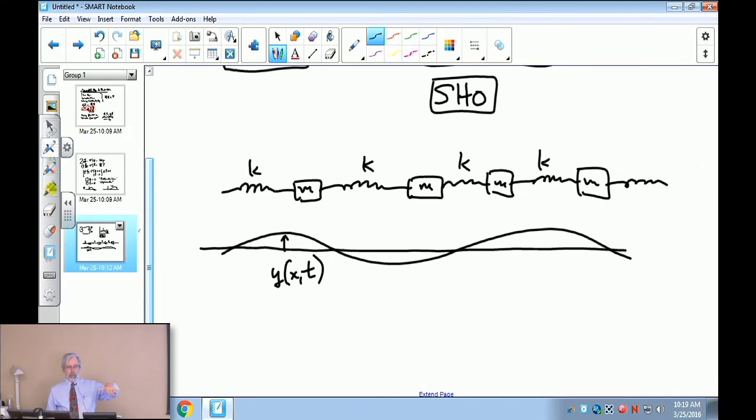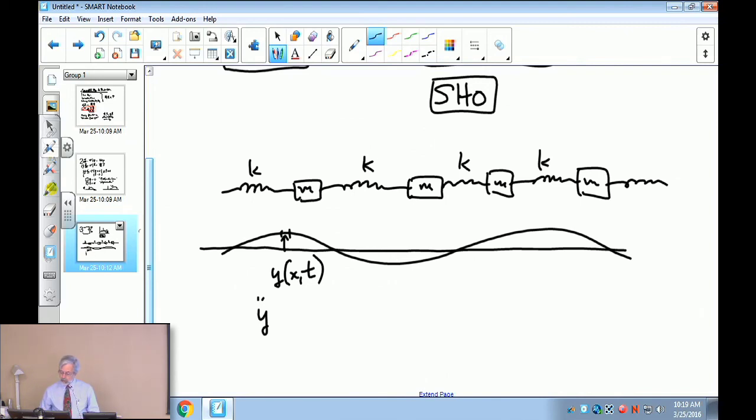perpendicular to the line. Then if we look at the force on a little section of this rubber band, the force will cause an acceleration, y double dot, of that little piece. And the force comes from the curvature of the rubber band. In this little section there is downward curvature, and that's going to pull the rubber band down at that point.